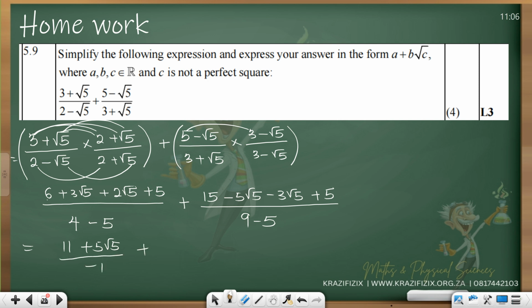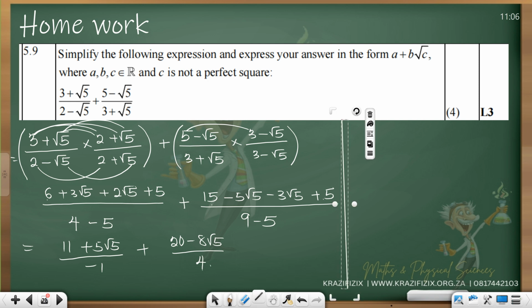Let's simplify this. 15 plus 5 would give us 20 minus 8 root 5, over what? 9 minus 5 is 4. Okay, we're almost done. If I divide both numbers by negative 1, negative 11 minus 5 root 5. Now, what about this one? Don't you see that 4 is common?